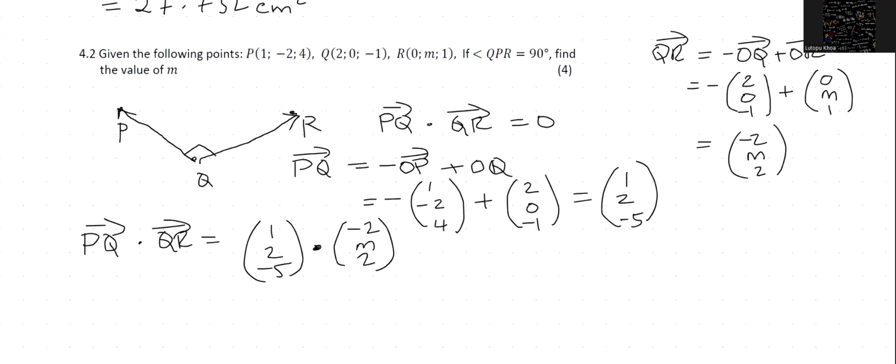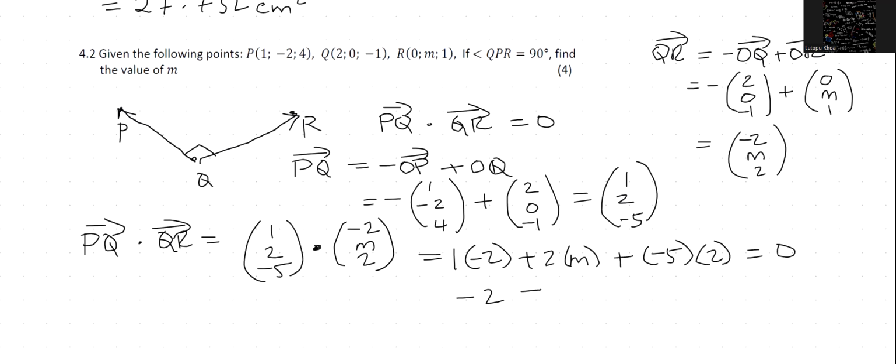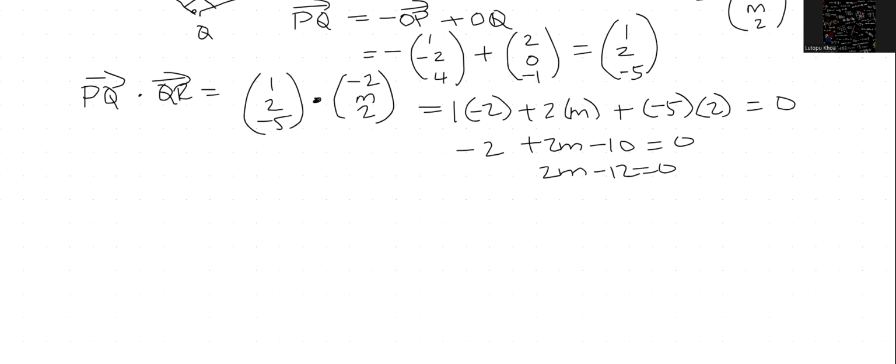So this is 1 times minus 2 plus 2 times m plus minus 5 times 2, which is 0. So minus 2 plus 2m minus 10 is 0. So 2m minus 12 is 0, so 2m is equal to 12. So m is equal to 6. Okay, and that is how you answer the questions.